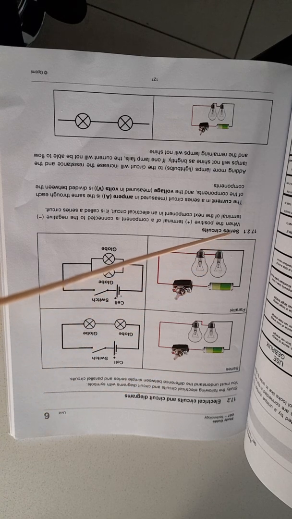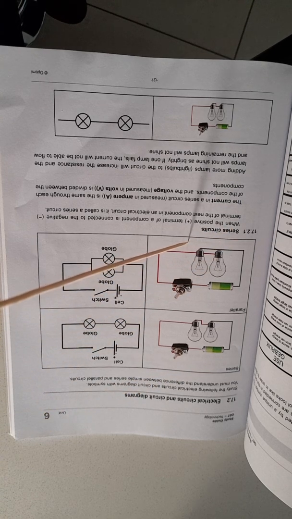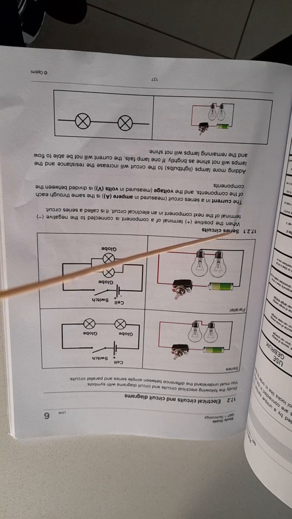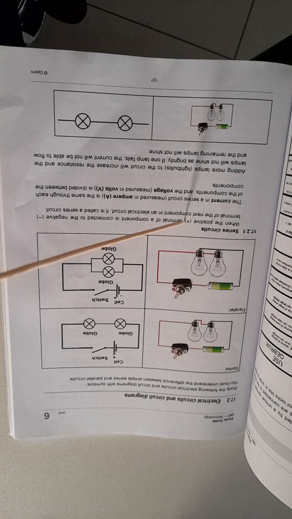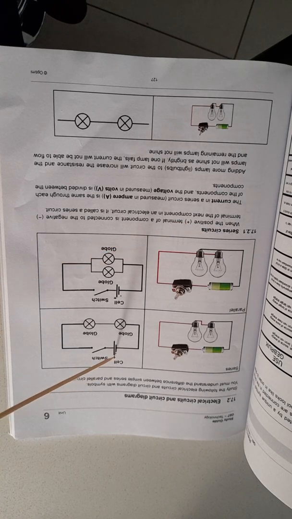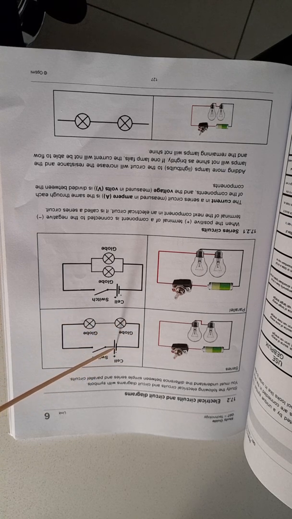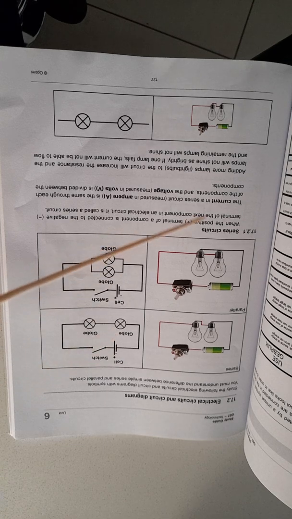Okay, now let's look at the nodes. We are going to look at the series circuits. When the positive terminal of a component is connected to a negative terminal, so this is the positive terminal, when you go all the way like this, we connect it to a negative terminal.